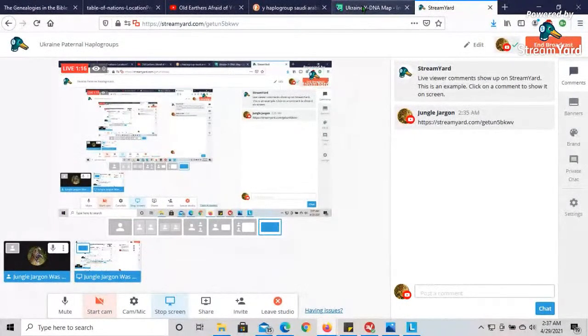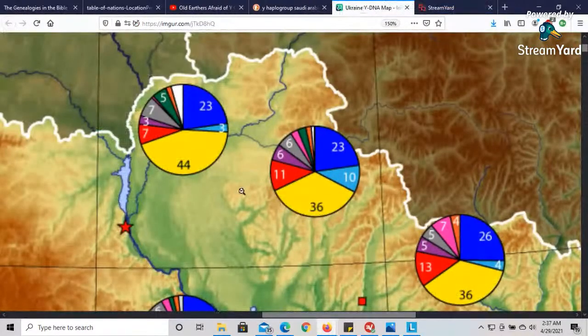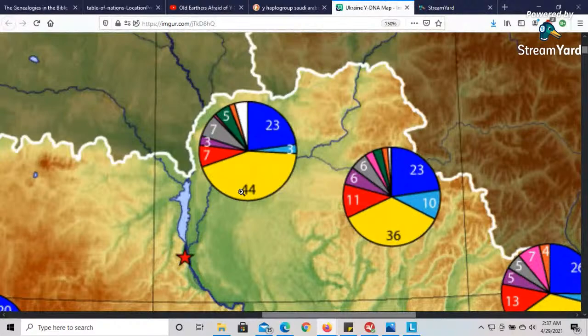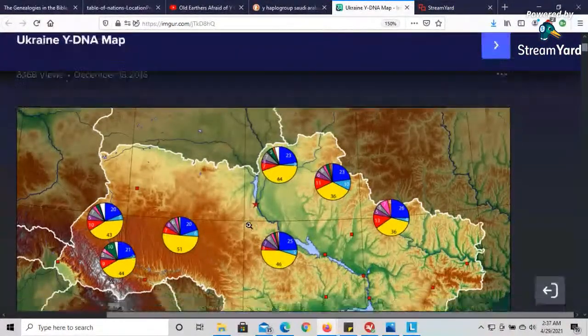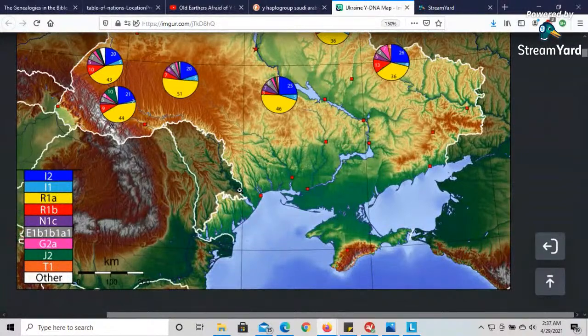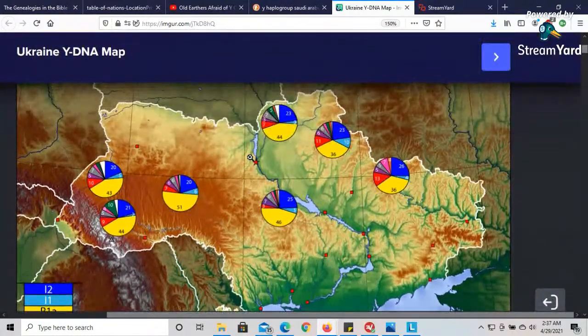Okay, so we have here what's called the Ukraine. I gotta back out a little bit. This is the Ukraine. This is the Black Sea, of course. And we have some DNA pie charts here.